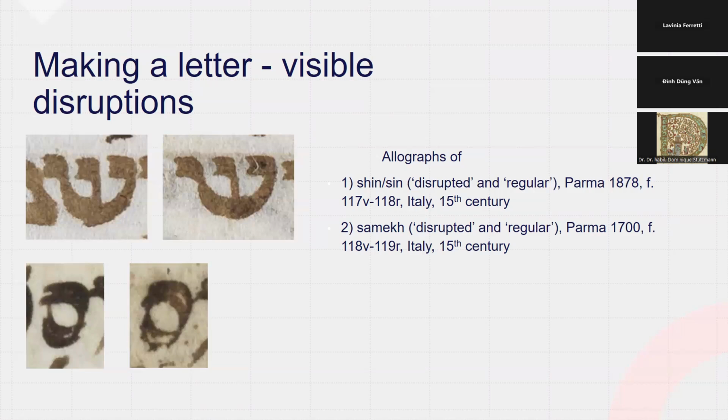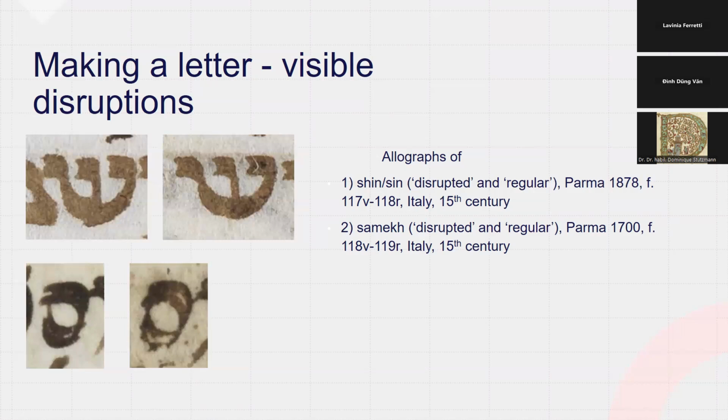Second row is an example of another letter, Samekh, from another Parma manuscript from Italy dated to the 15th century. So this one is the disrupted one. And because of the way the instrument was made and because of how it was applied, we can see that it's done in two movements. One movement is the upper part and the right-hand downstroke, and then we have the lower part and the left-hand downstroke.